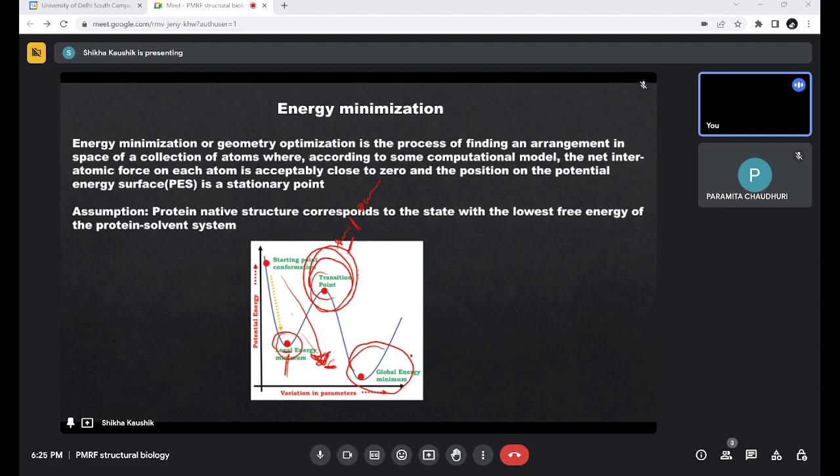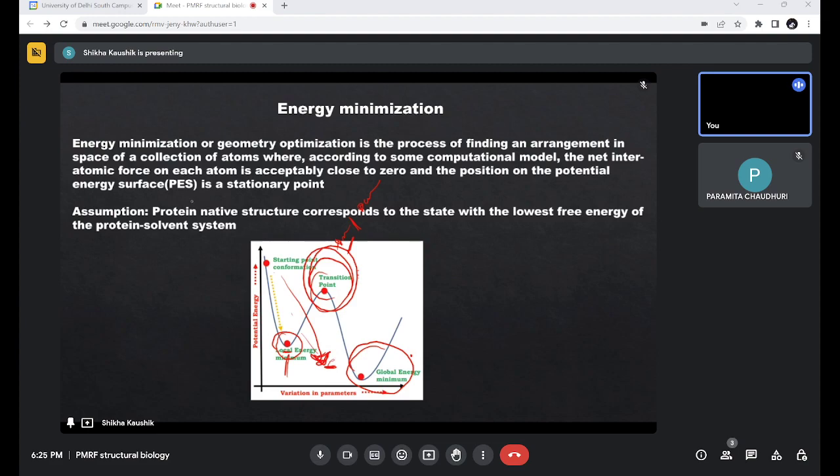So whenever we do computational modeling of any protein, we try to use Newtonian physics, and with the help of Newtonian physics we try to take our system to a level where we have minimum energy involved, and that is how we get close to the real system scenario.